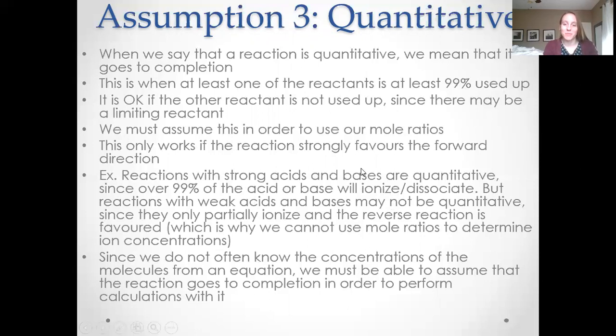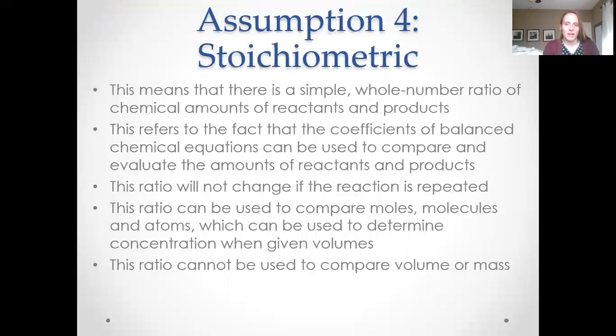But strong acids and bases are quantitative because they have that strong forward reaction, the high percent ionization, meaning that most of the acid or base will actually ionize, and you're not going to have very much of that original acid or base reactant left over. And then the last assumption is stoichiometric.